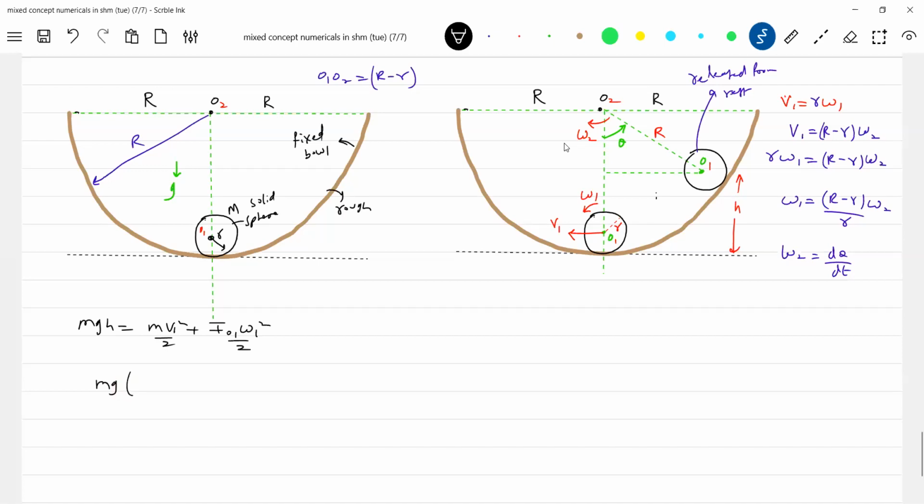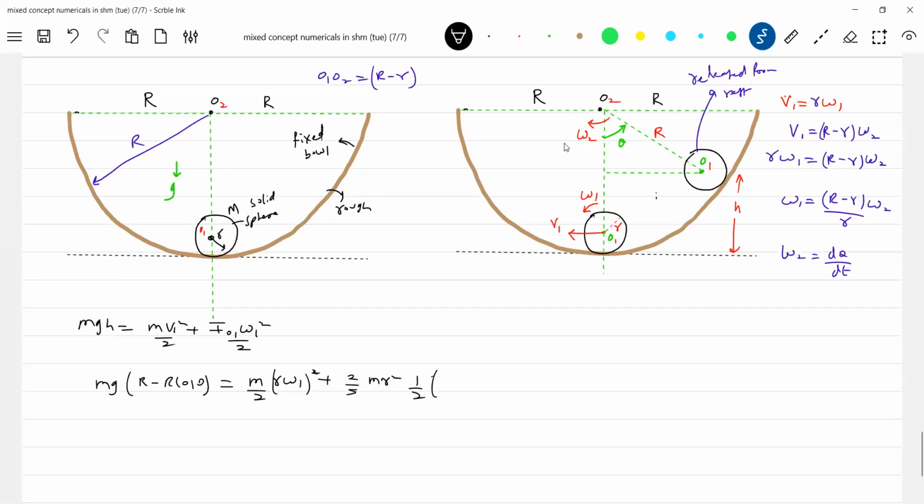mgh. So what is h? h should be equal to R minus R cos theta. V1 should be equal to r omega 1, and I naught, moment of inertia, is 2 by 5 m r square, times 1 by 2 omega 1 square.